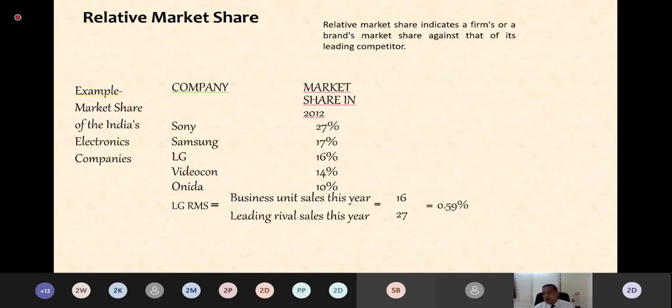So LG's relative market share here we have calculated is 0.59. As compared to the leading competitor Sony, LG's relative market share is 0.59.